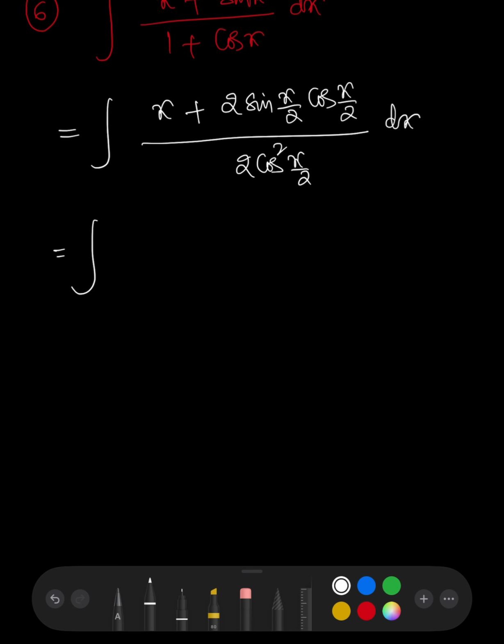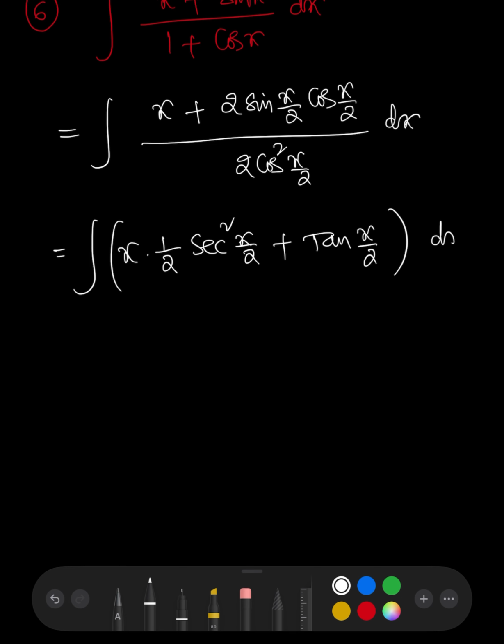Now we can split this numerator, so we get x into 1 by 2 secant square x by 2 plus, here 2 gets cancelled and one cos from the numerator and cos from the denominator get cancelled. Finally you will get tan x by 2 whole dx.